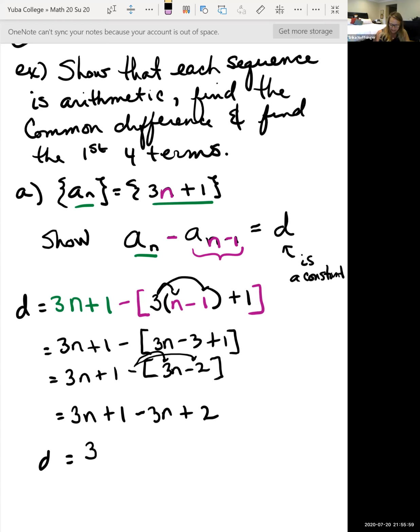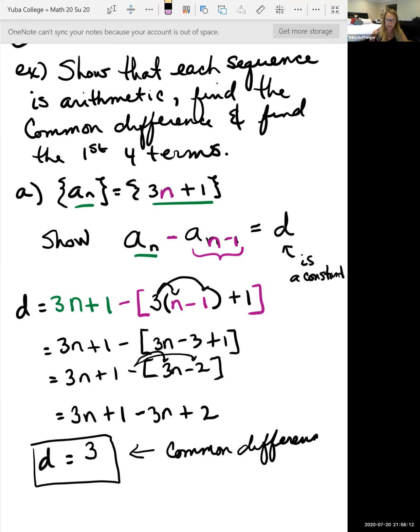We got that d is equal to 3, so this is our common difference. We showed that this is a constant. If you had gone through this process where you looked at the a sub n term minus the a sub n plus 1 term, and you simplified and you didn't get a constant, you still had n, the variable, left in there, then it's not an arithmetic sequence.